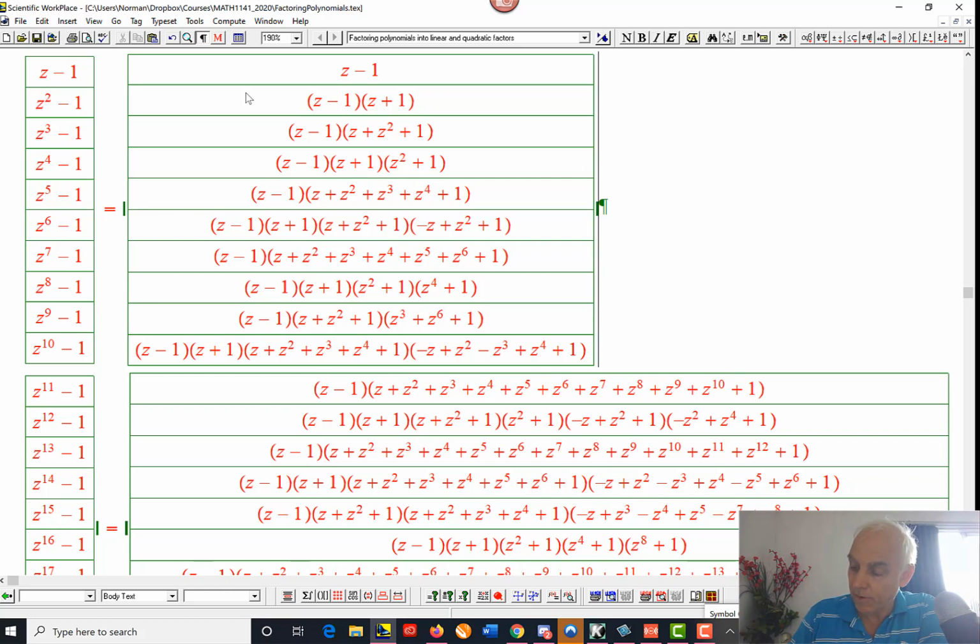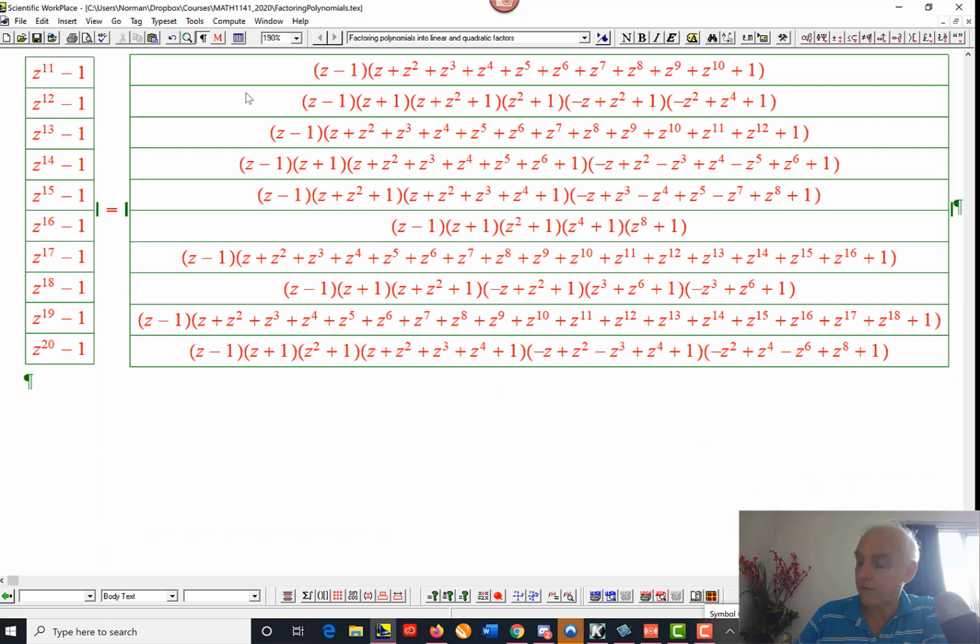The kind of factorization that the computer is giving me here, very quickly, is great, but it's not really as deep as we can go. We can go in a deeper way, and that's by exploiting the fact that the fundamental theorem of algebra allows us to factor any polynomial into a product of linear factors.